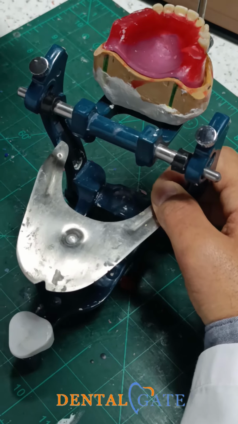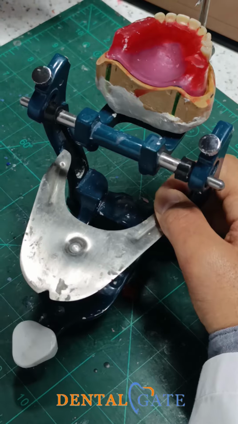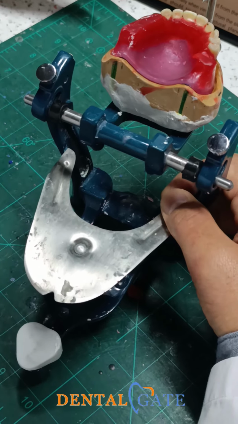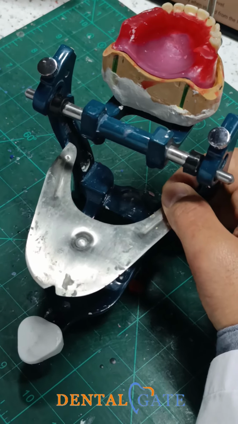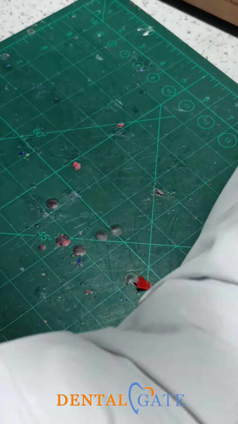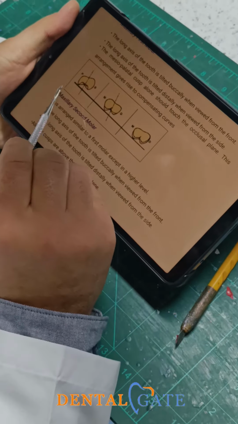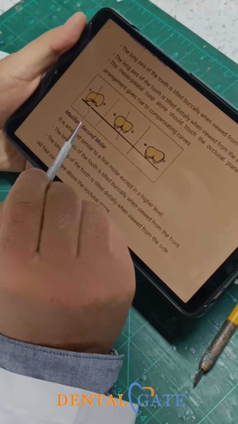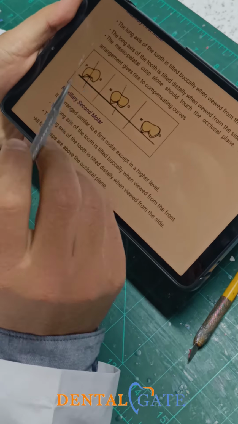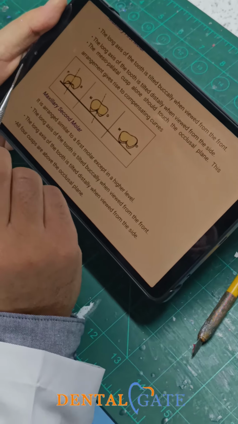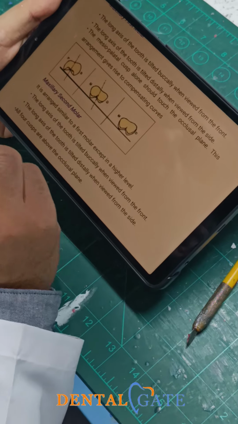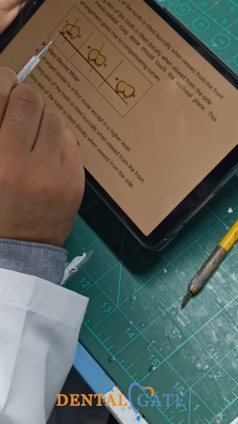And regarding the contact, we need only to make contact with the functional cusp. You can see now, this is a diagram, not actual, but we imagine what the criteria of the molar are. We will make it now. This is the functional cusp.